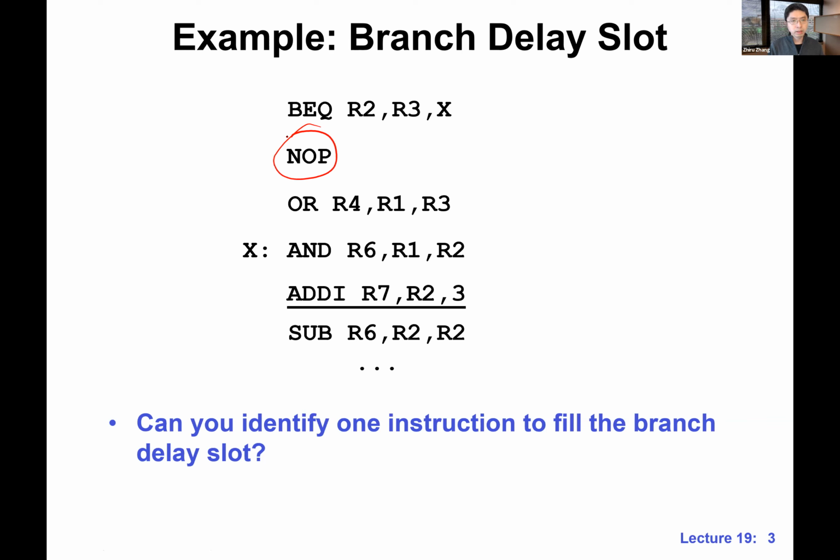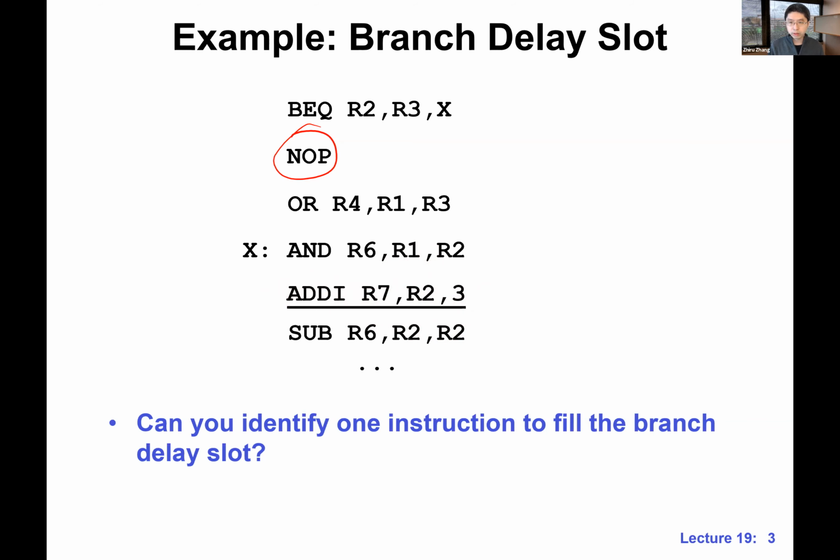The hardware is not going to bother to check whether there's a hazard or not. The compiler is supposed to guarantee the correctness of the program in this case. I think most of you marked this instruction, and indeed, this is an independent instruction which can be moved into the delay slot.